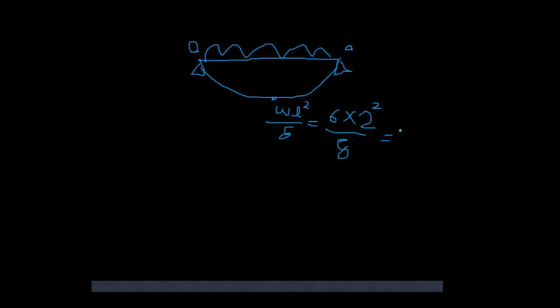That's going to be how much? That's going to be 3, right? Yes. So in this part, you have a point load in the middle. So just rotate it and see.